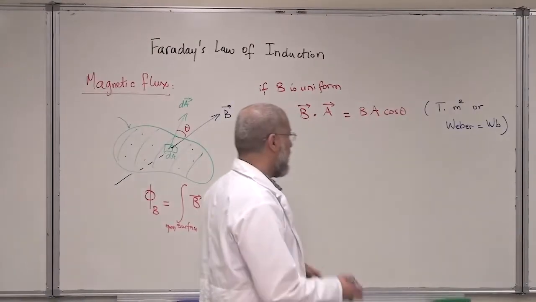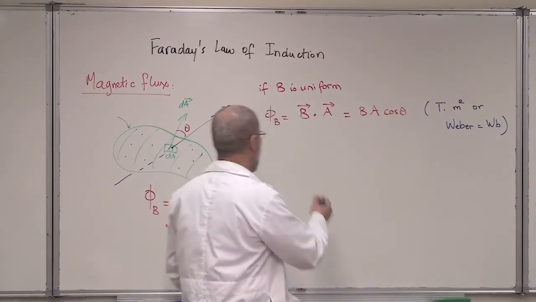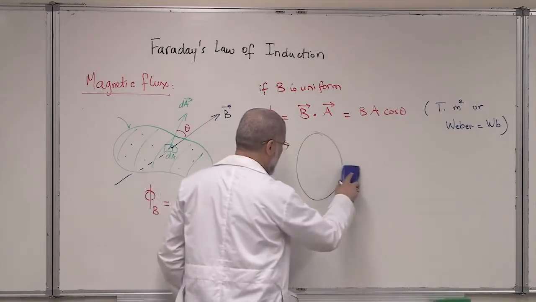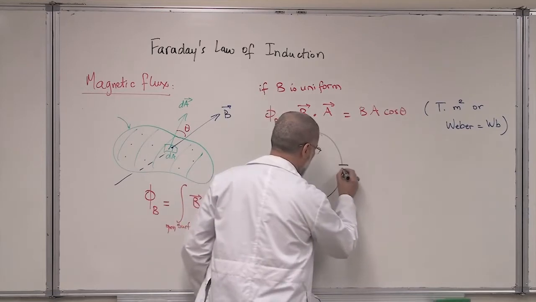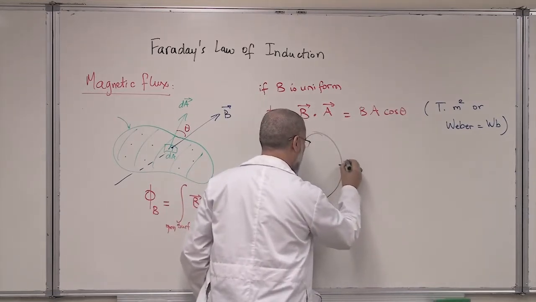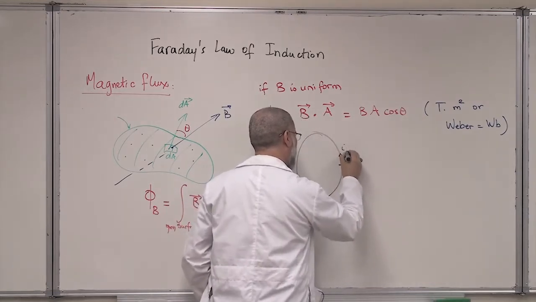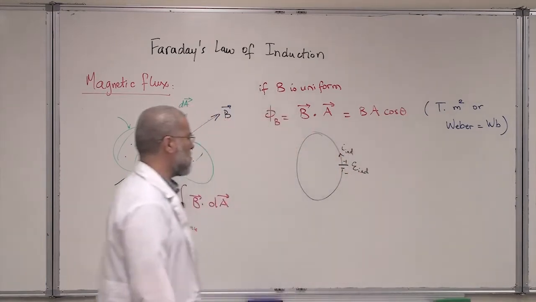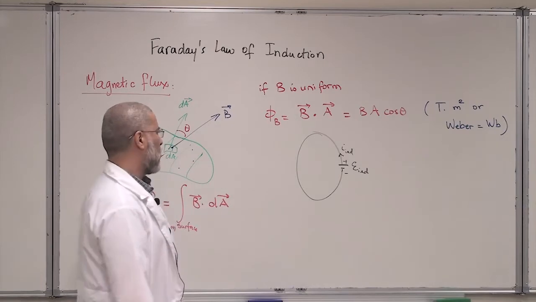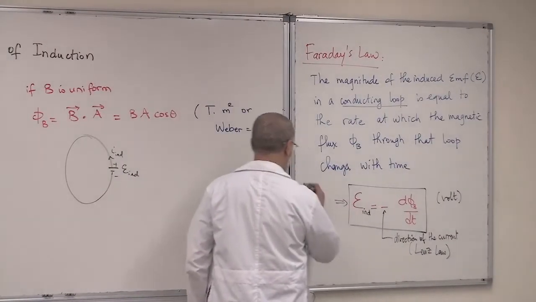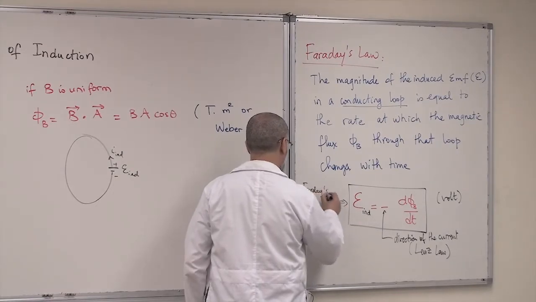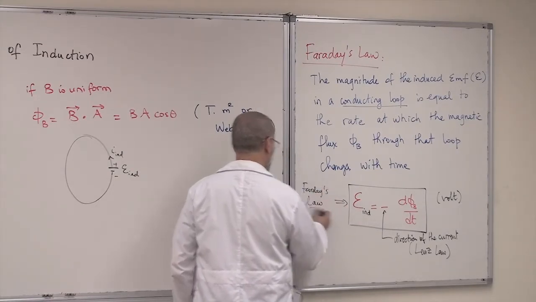If you have the loop here, you can imagine that there is an EMF here, plus or minus, and you have the induced current. You can calculate that induced EMF from that equation, which is Faraday's law of induction.